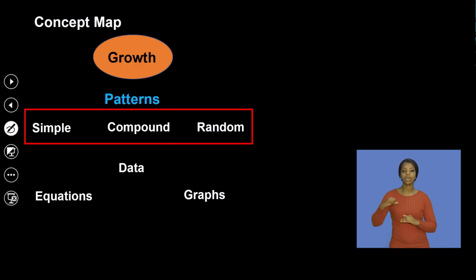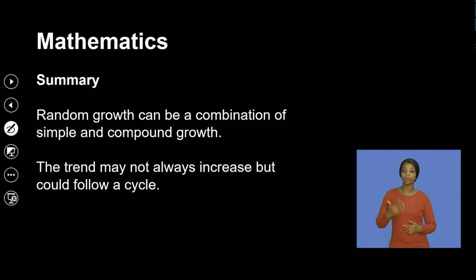And then so far we've looked at simple, compound, and some random growth. We looked at random growth being a combination of simple and compound growth, because at times it's a bit linear, at times it's fluctuating, at times it's going down, at times there's a lot of inflation taking place, at times the currency is strong, the currency is weak.